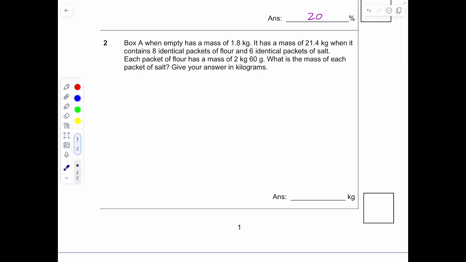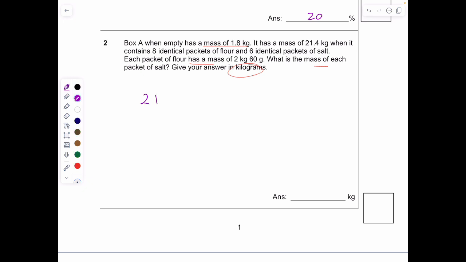So we know that the box itself weighs this amount. The first thing that I would do is, given that each packet of flour has a mass of 2 kg 60 gram, we need to convert this into kg because our answer is in kg.